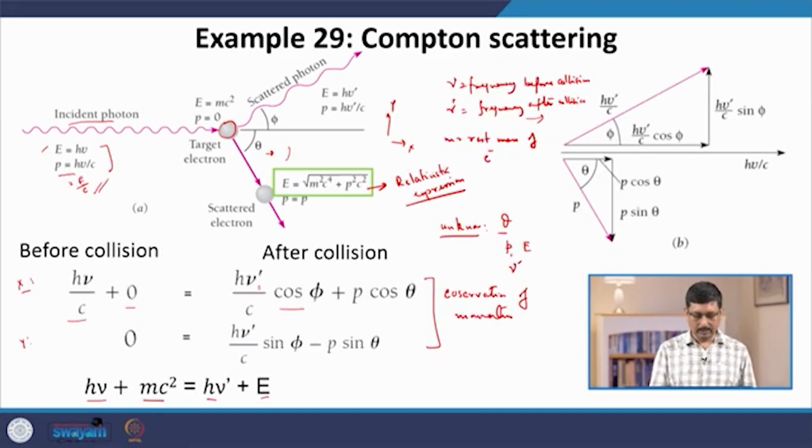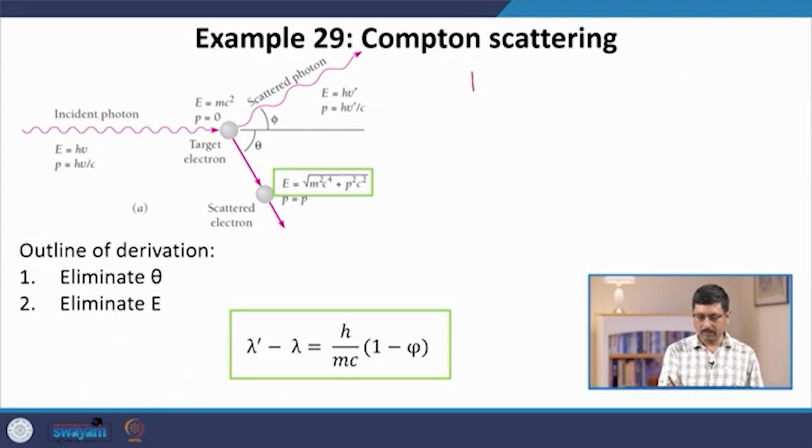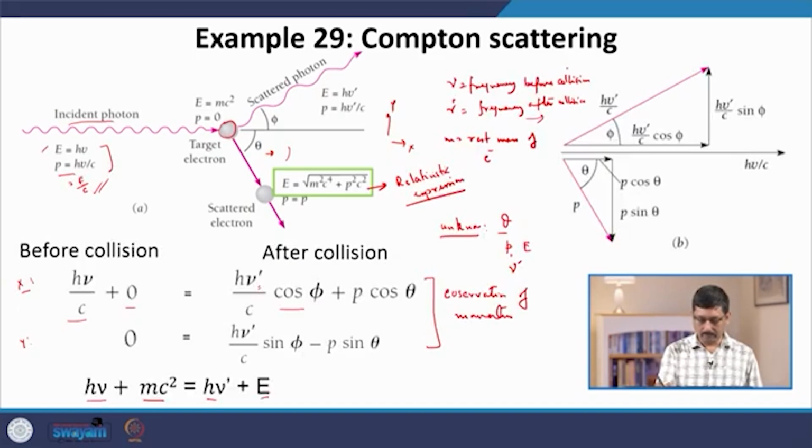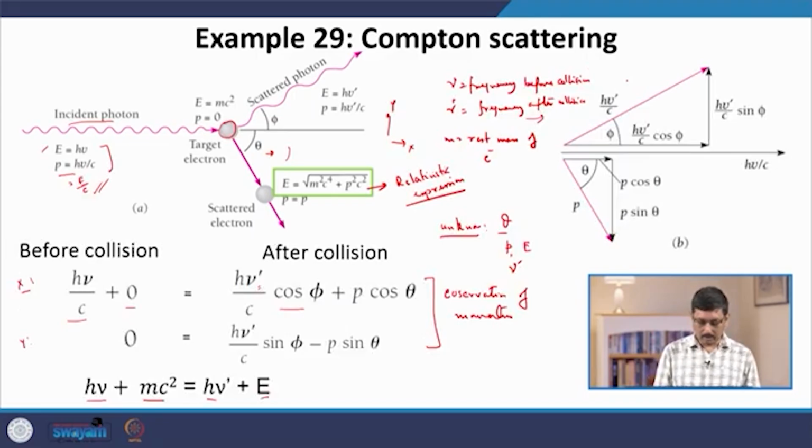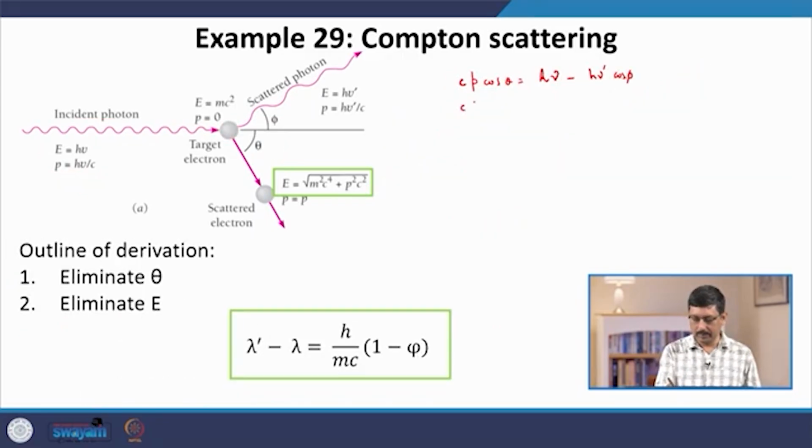What you do is try to eliminate theta. In order to eliminate theta, if I take the first equation and multiply both sides by c, we get p c cos theta is equal to h nu minus h nu prime cos phi, and for the other one, p c sin theta is equal to h nu prime sin phi.